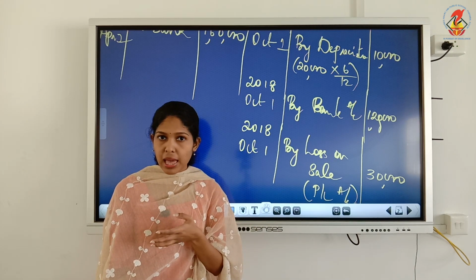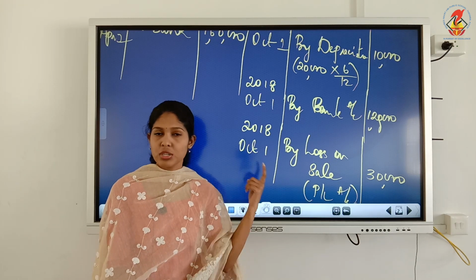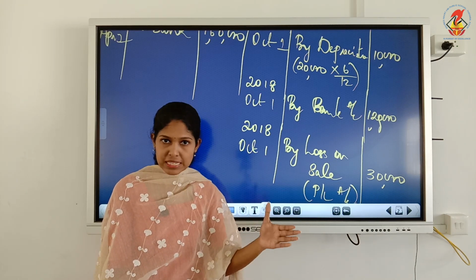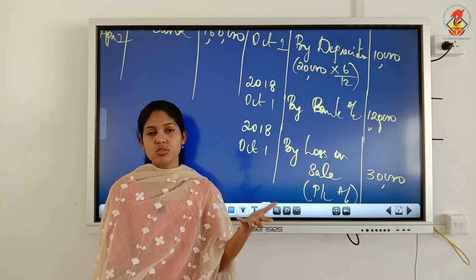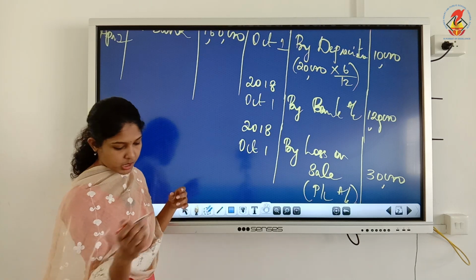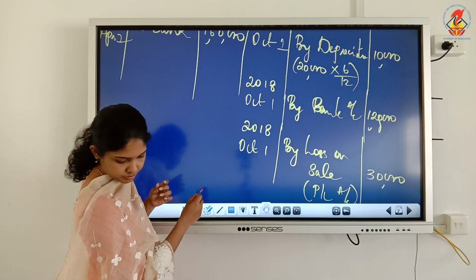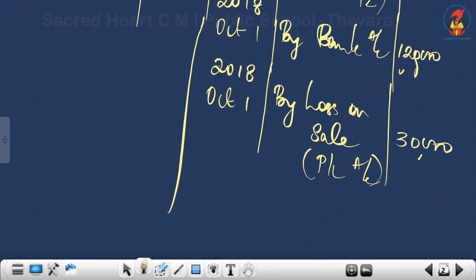Will there be any balance for that machinery? No. So there won't be any balance carried down when you do like this. When you sell it off completely, we won't be having any balance for that machinery. So there won't be any balance carried down. You can just close it. Write the totals and close.